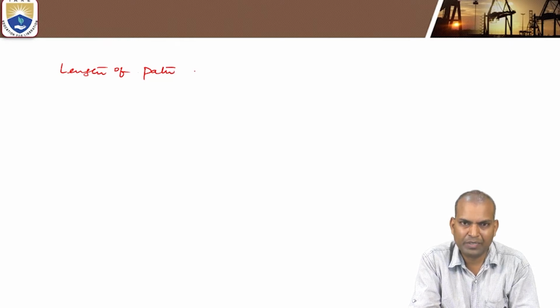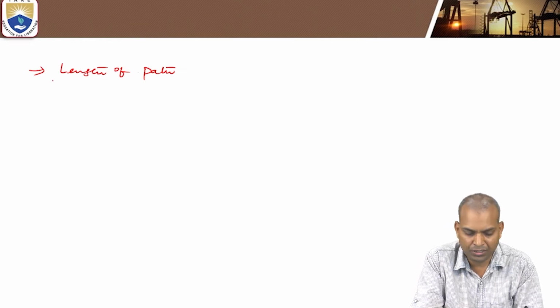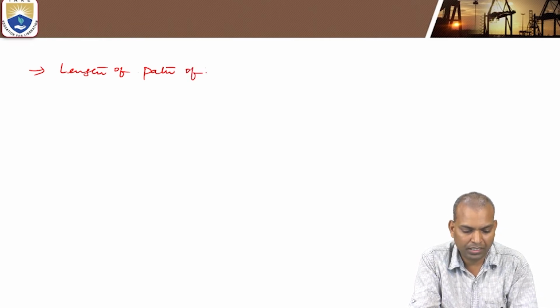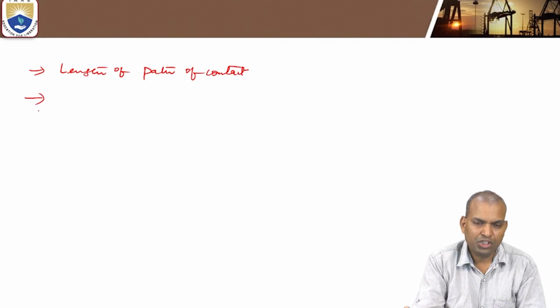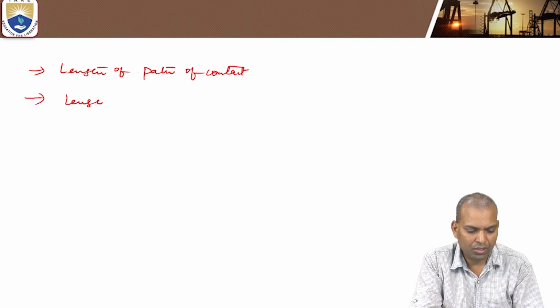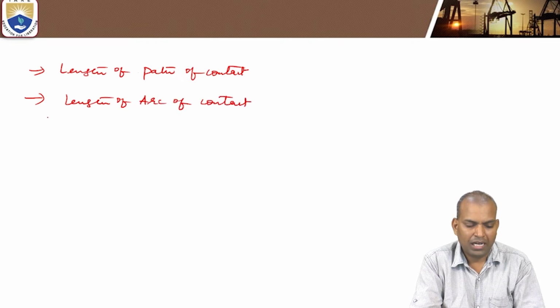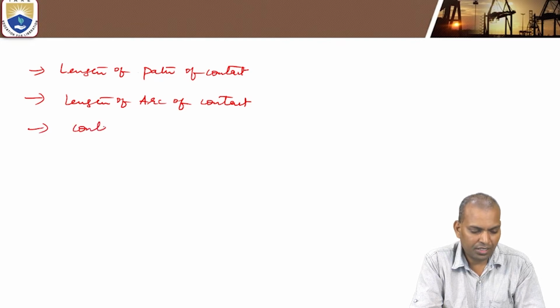There will be contact between the wheels. That contact is denoted by different terms. That is length of path of contact, and if it is in the form of an arc, then it is known as length of arc of contact. And one more term is called contact ratio.